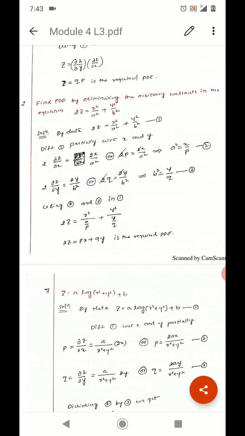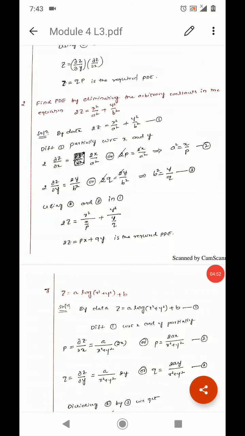Now the second equation is 2z is equal to x square by a square plus y square by b square. So take the given equation as equation 1, and differentiate the given equation with respect to x and y partially. So with respect to x, we will take that as p.